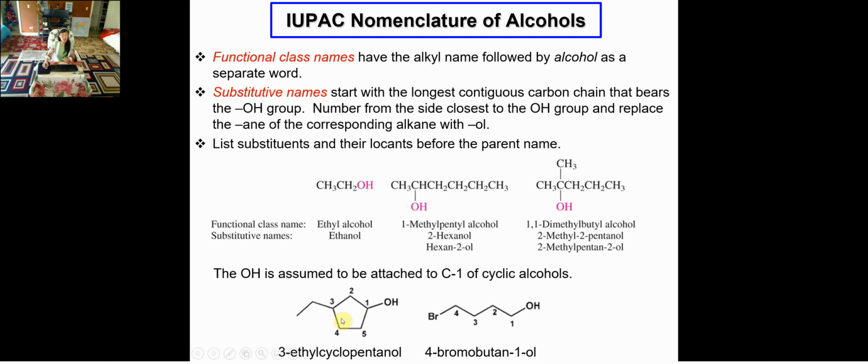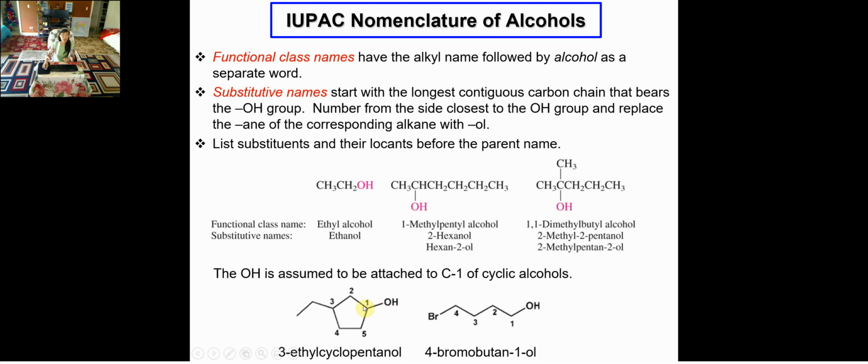And then if you have a cyclic alcohol, based on a cyclo compound, how do you name the compound? You can also name it in two different ways, functional name or substitutive name. Let's name this as a substitutive compound. Again, you start your carbon 1 from the carbon connected directly to oxygen.